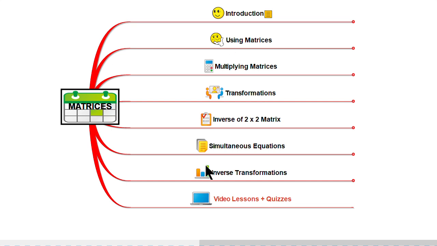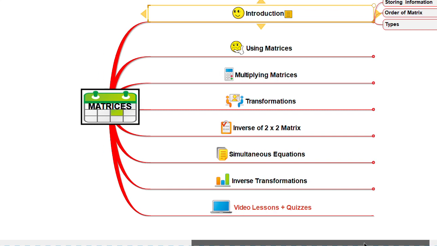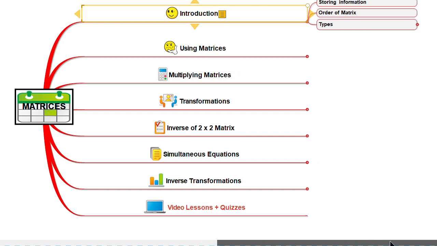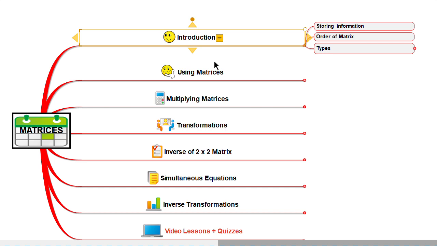All these images also help you to boost your retention of the related information. Now, when I expand that branch, it shows you the elements that are related to the introduction of matrices.